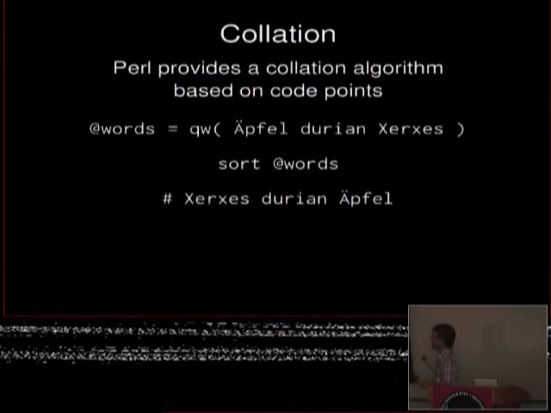But say we've got these words here. We've got Apfel with an A with diaeresis. Say we use the default Perl sort for this. We're not going to get an order that would be very useful here. In fact, we provided it in our ideal order to start out with, and it just reversed it for us, essentially.